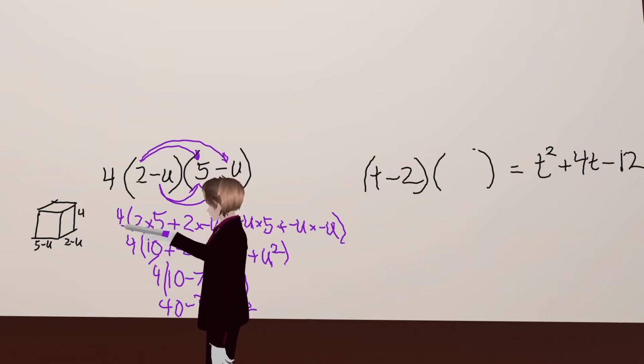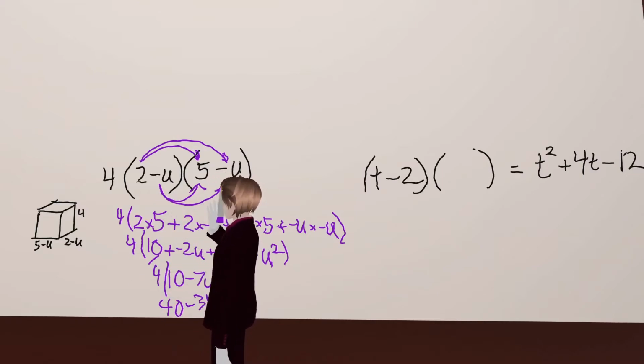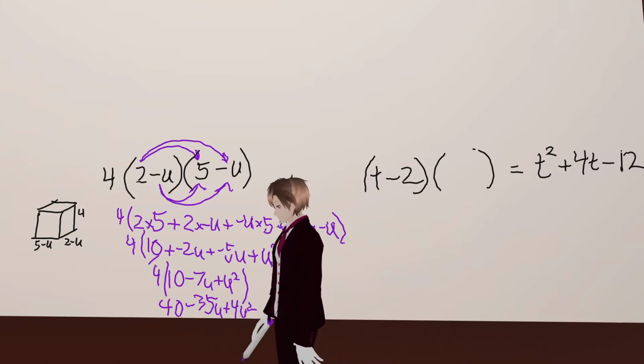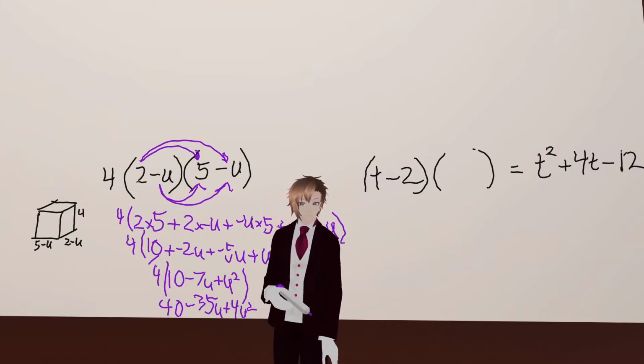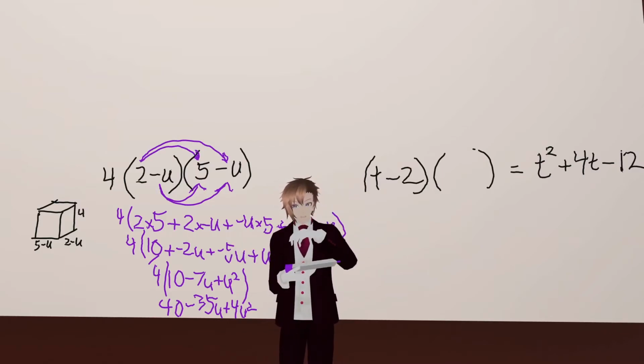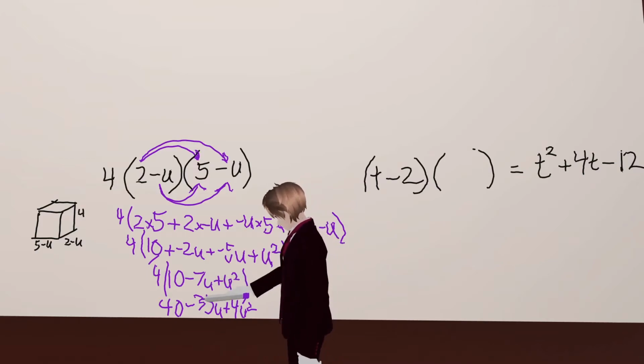All you do is you multiply the length by the width by the height, just like what we've done up here, and you'll get the answer. We don't know what u is, but that means that that box over there could be any size. And that would be the volume.